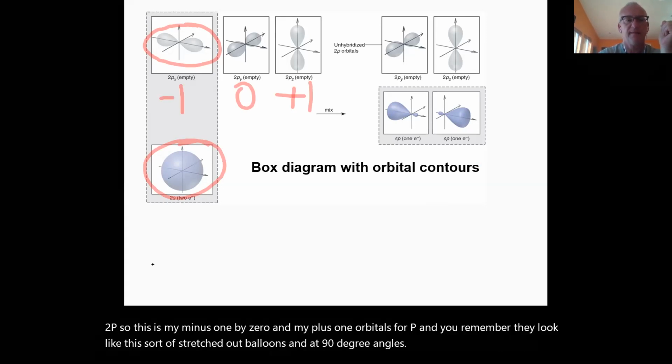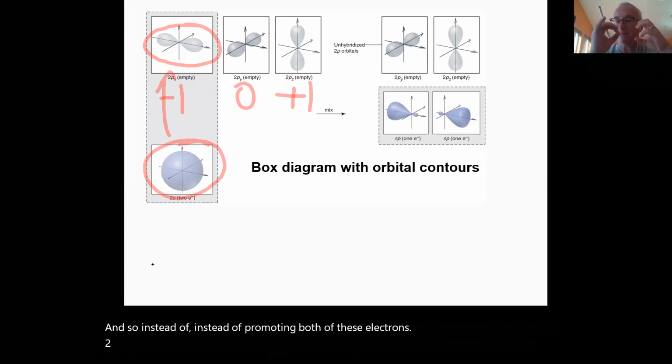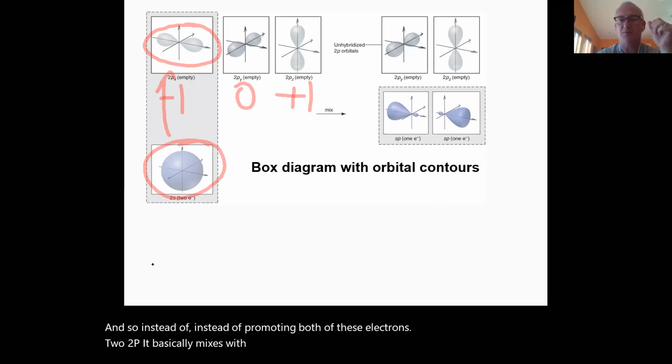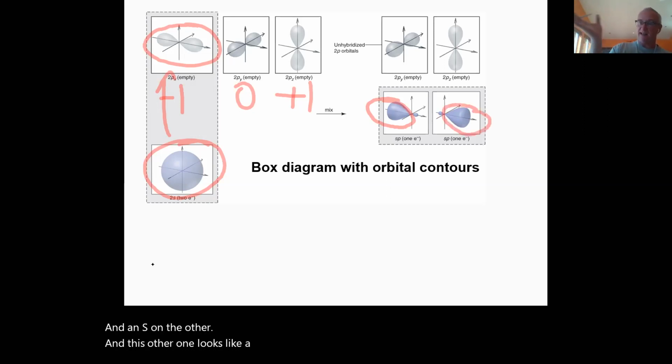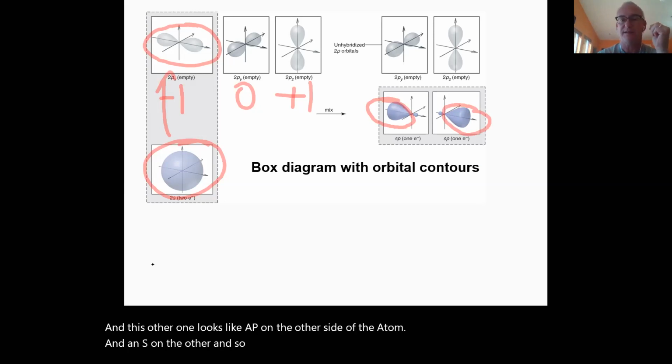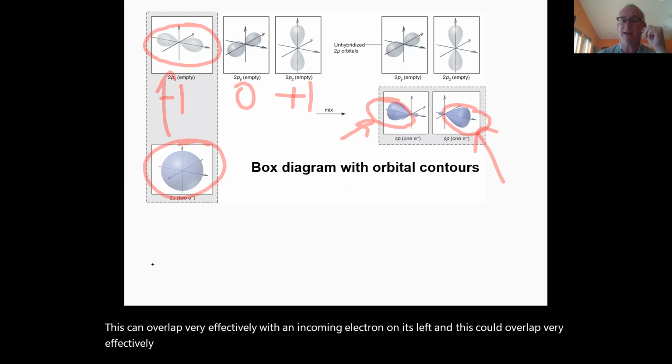Instead of promoting both of these electrons up to 2p, it mixes them. So one orbital looks like a p on one side and an s on the other. And the other one looks like a p on the other side of the atom and an s on the other. Now this can overlap very effectively with an incoming electron on its left, and this can overlap very effectively with an incoming electron on its right.